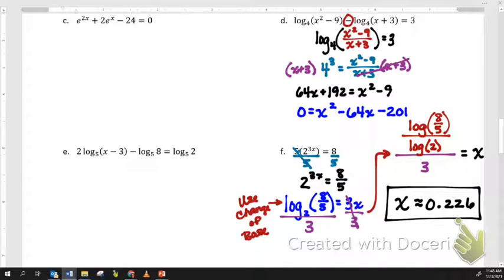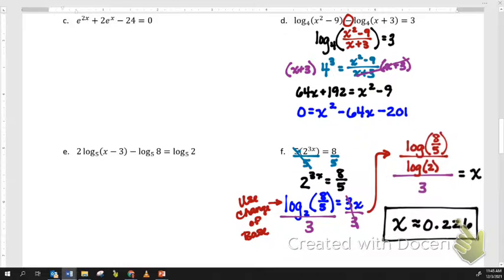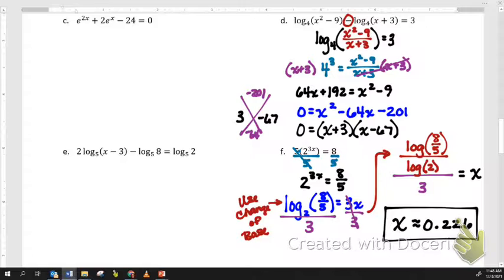So now I need to factor this thing. 201 looks intimidating. What can go into 201? 3 can go into 201. Negative 201, negative 64. It's 3 and what? Negative 67. There's the two numbers we needed right there. So 0 equals x plus 3, x minus 67.